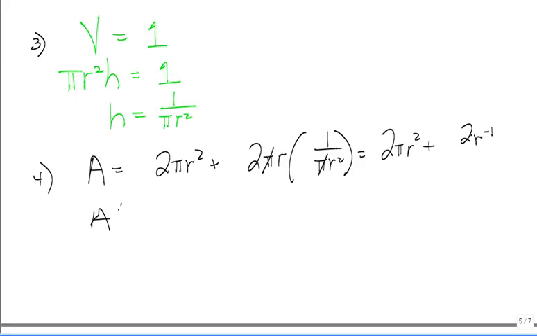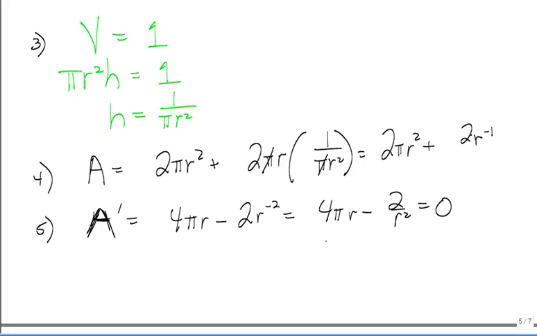Okay, take the derivative, step 5. Okay, again, this is the surface area. Set it equal to 0. Multiply everything by r squared to get it out of the denominator. And then take the cubed root.